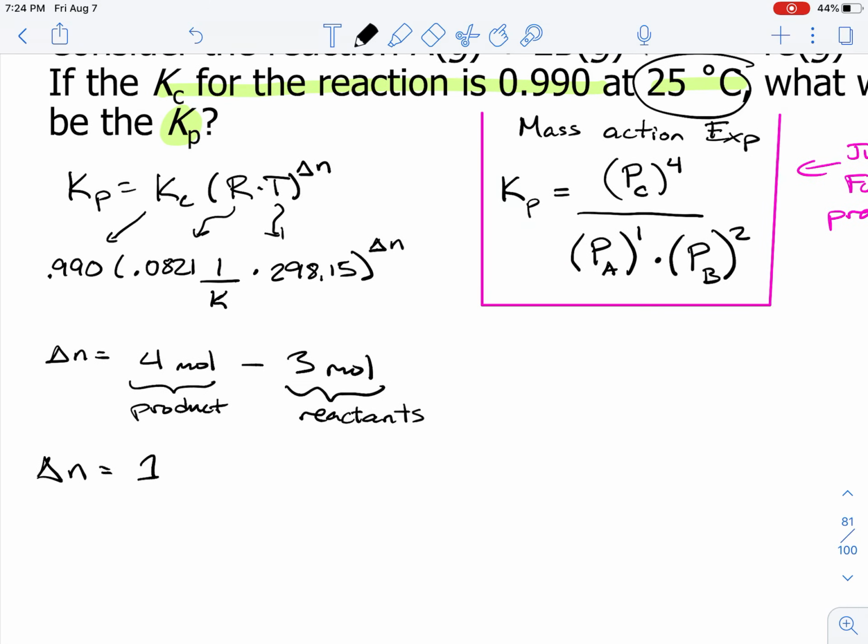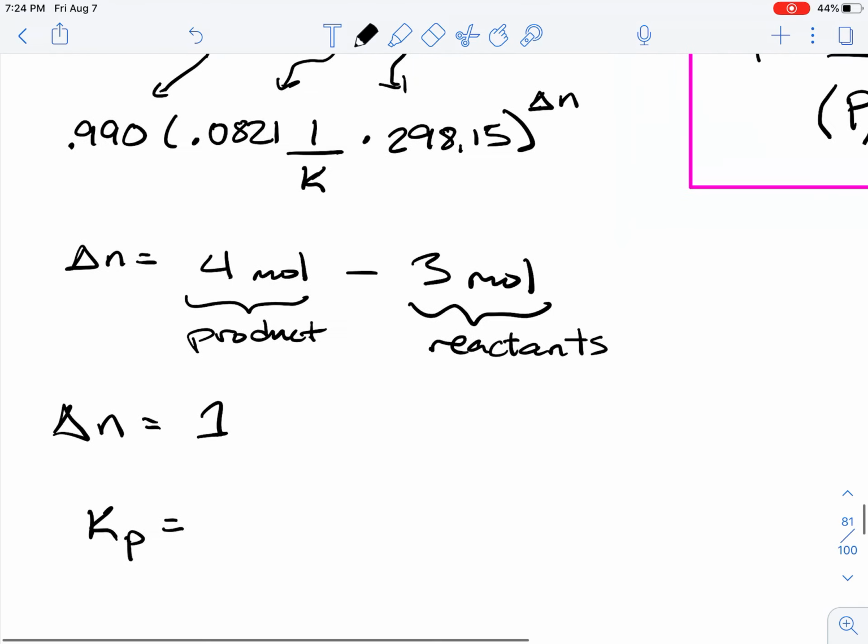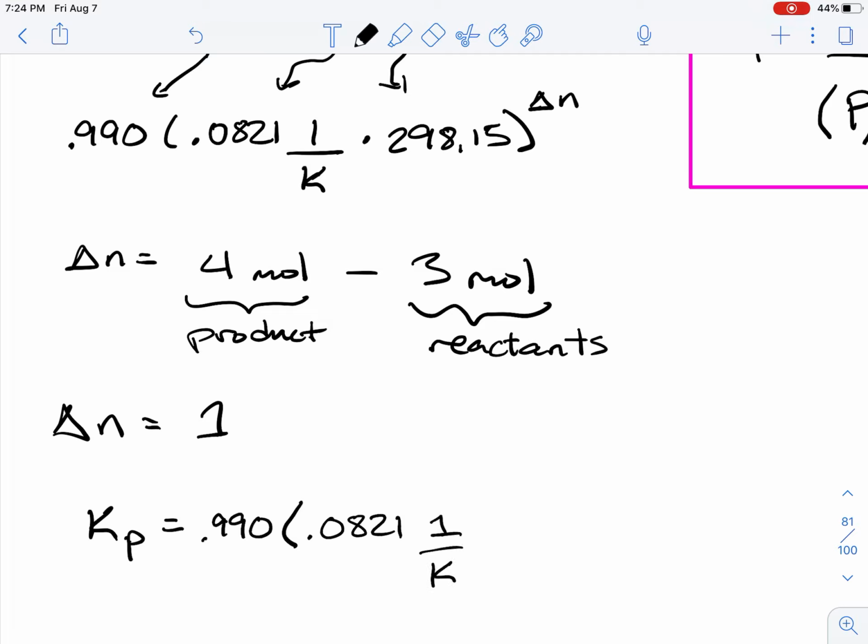If we plug that into our equation, Kp is equal to 0.990 parentheses 0.0821 1 per Kelvin, times 298.15 Kelvin over 1.